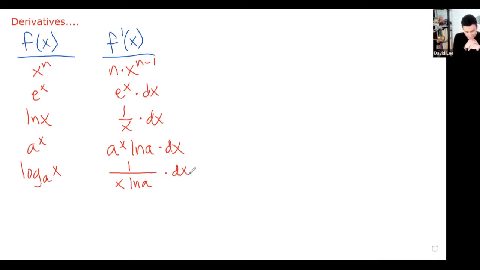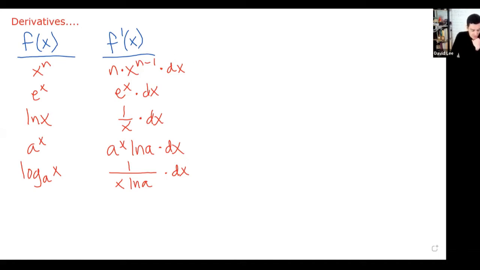And as a matter of fact, before we go any further, if I go back to the very first one that I wrote down, x to the n, the derivative would be n times x to the n minus 1. Really, let me just put times dx. Just for the sake of consistency, I'll also attach a times dx, okay?